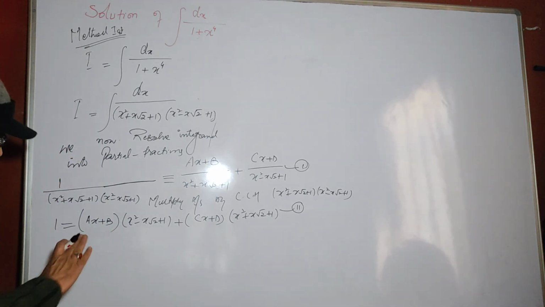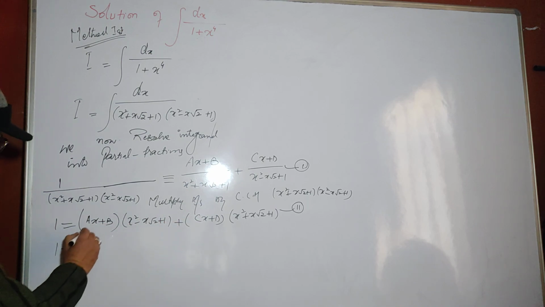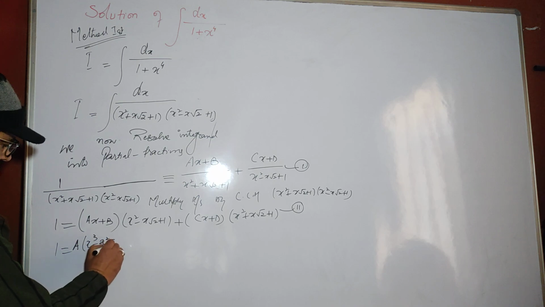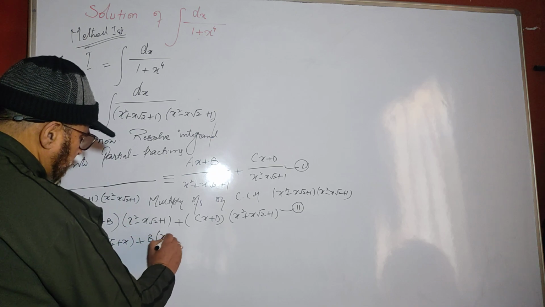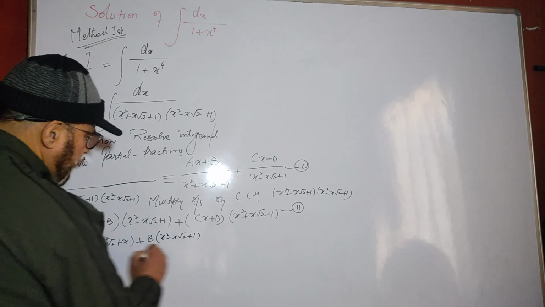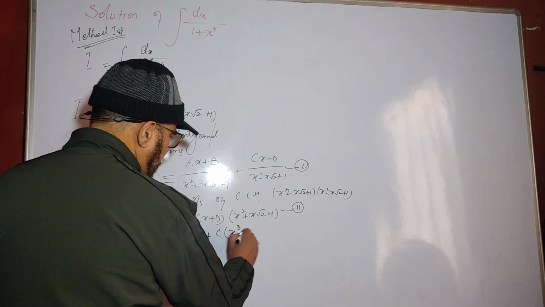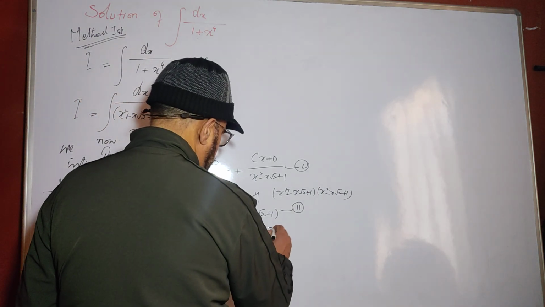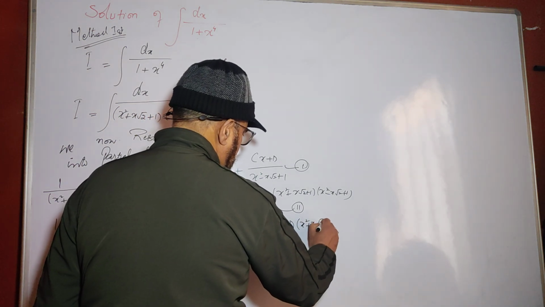You don't have a linear factor here, so we simplify this. 1 is equal to, multiplying with a, x cube minus x square root 2 plus x, then with b it will be plus b times x square minus x root 2 plus 1, then plus c times x cube plus x square root 2 plus x, plus d times x square plus x root 2 plus 1.